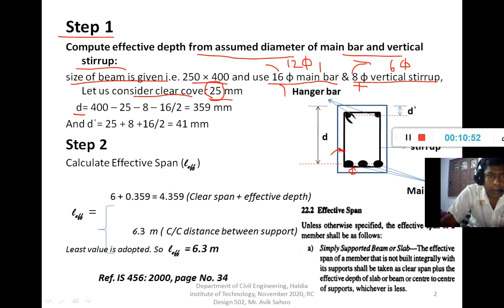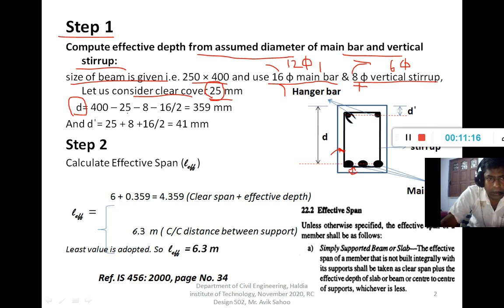Next we calculate the effective depth. So how we get the effective depth? You know the definition of effective depth. The effective depth is measured from the centroid of the tensile steel to the extreme compression fiber. Okay, this distance is called effective depth.